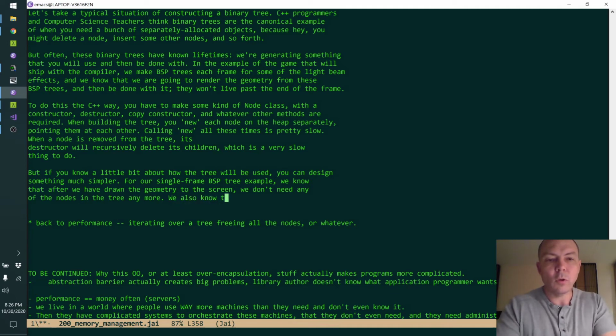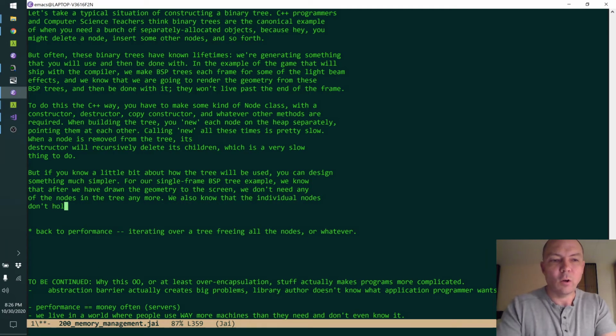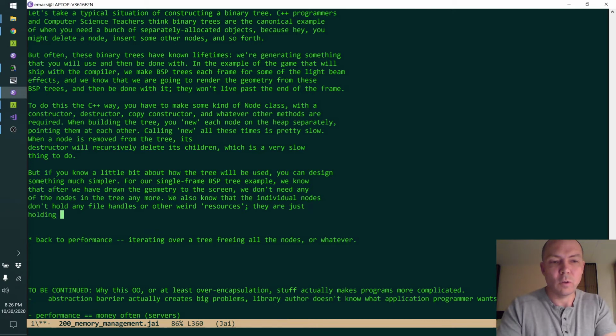We also know that the individual nodes don't hold any file handles or other weird resources. They are just holding straightforward geometry data and pointing at each other.